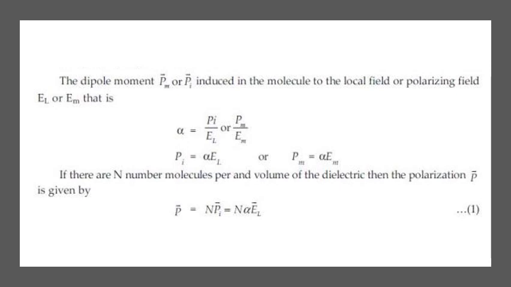If there are N molecules per unit volume of the dielectric, then the polarization is given by P equal to capital N P i or capital N alpha E. So the polarizability is given from the density of the atoms as N alpha E L.